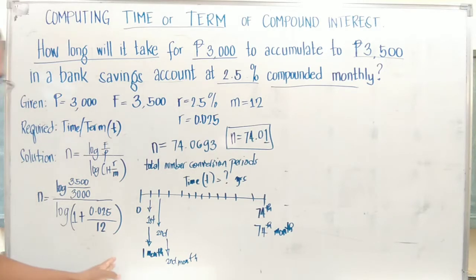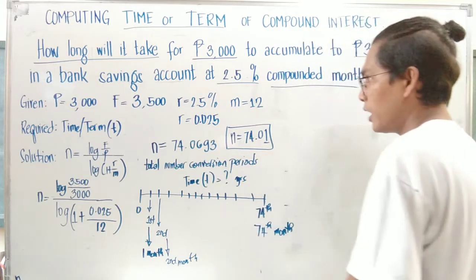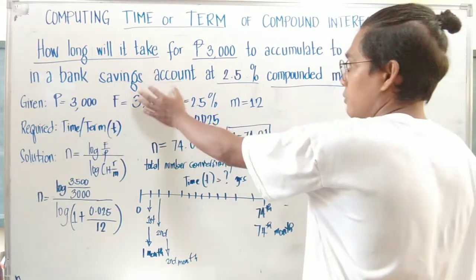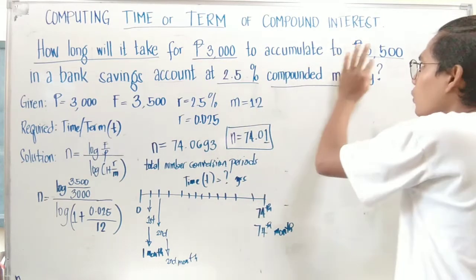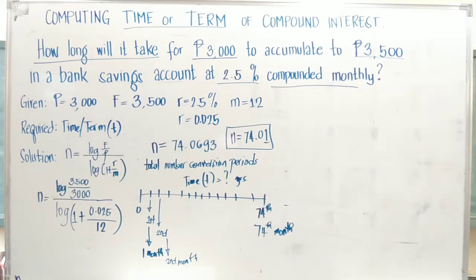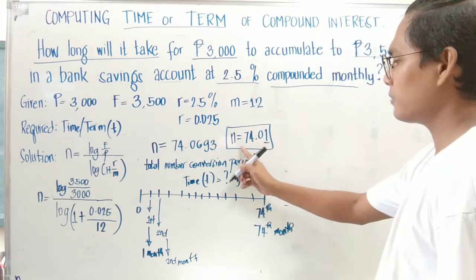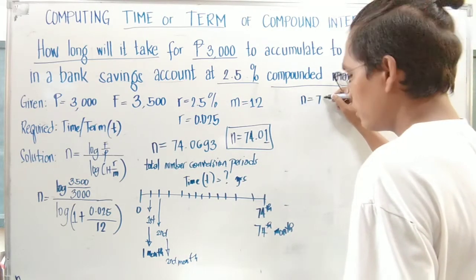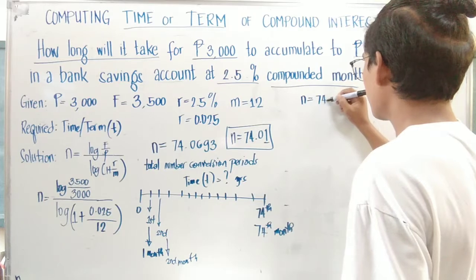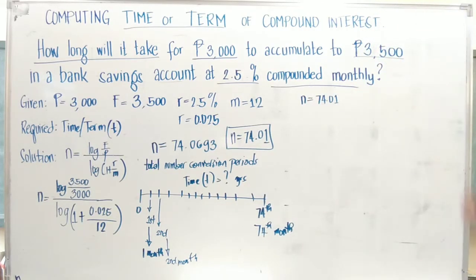So now we have the idea of how many years or how many months your savings account will take for your 3,000 pesos to accumulate into 3,500, right? Okay, so continuing from here, we have n equals 74.01, or you can round it off to 74.